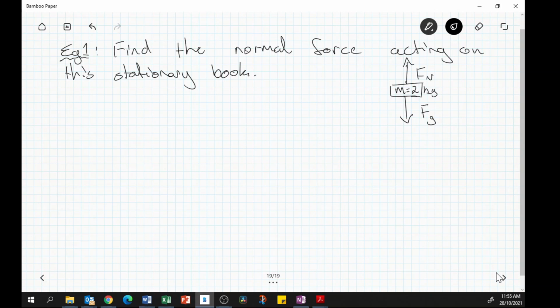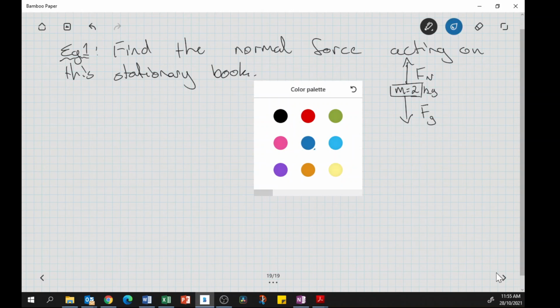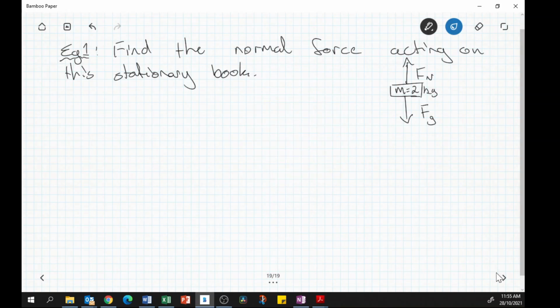That's true. All right. Find the normal force acting on this stationary book. Now, we only know the mass, right? So how are we going to find any forces? Oh, wait. What else do we know, Hannah? We know that mass equals 2 kilograms.